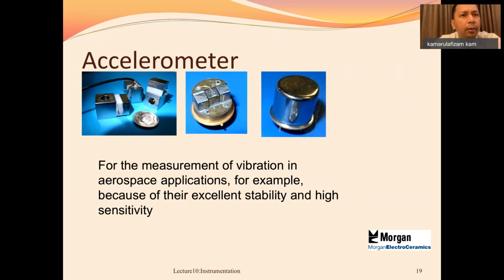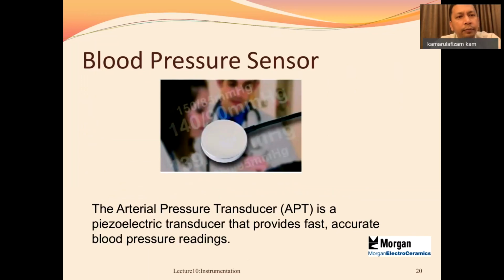Then other than that, you have blood pressure sensor. Also, we are talking about pressure. From the previous slide, when you compress or decompress this piece of material, they will produce some electricity. So in this case, the blood pressure sensor will compress and decompress the piece of material.